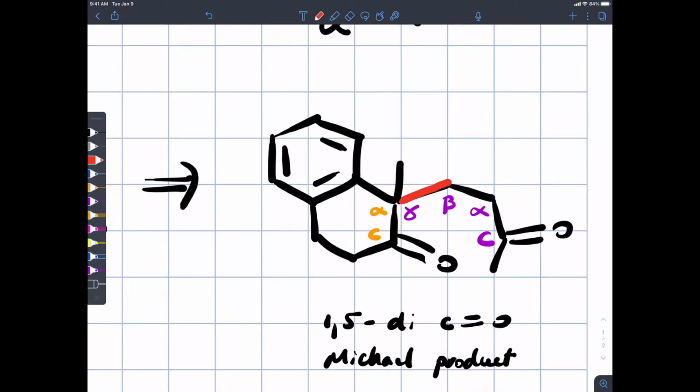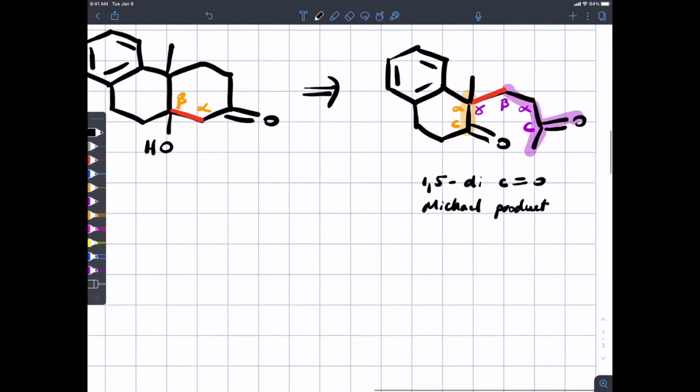And so everything on this side would have been the alpha beta unsaturated carbonyl compound. And then how about on that other side? Let's draw what the alpha beta unsaturated carbonyl compound would be. Is this what you were thinking about? Yeah. Okay. And then how about on the other side?